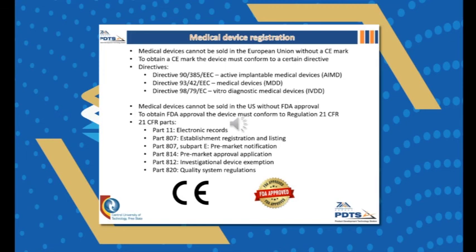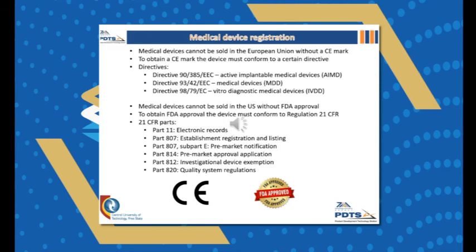If you want to sell a product in the European Union, it will have to have a CE mark. To obtain a CE mark, your product must conform to a certain directive. There are three main directives: Directive 90, 93, and 98. Directive 90 deals with active implantable medical devices.